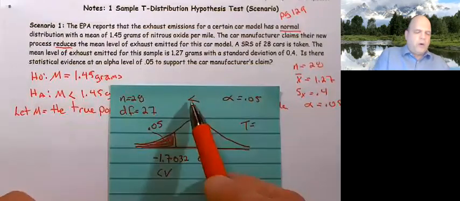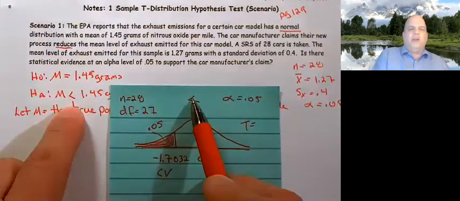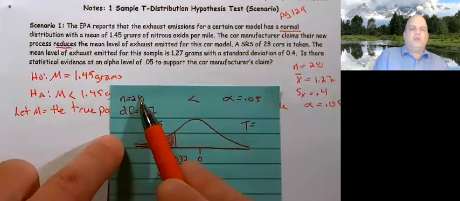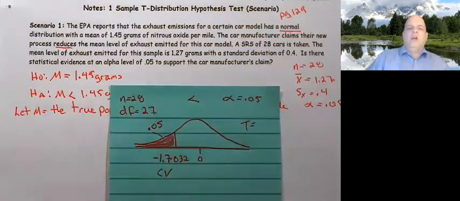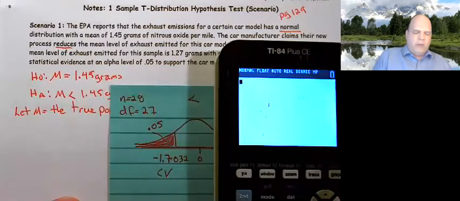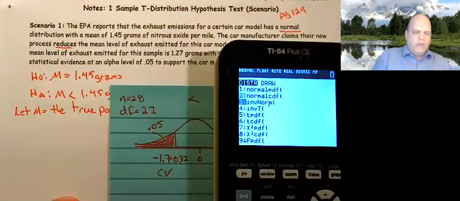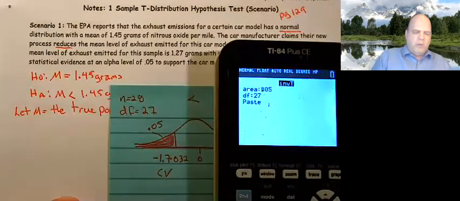We know that we're working with a less than, because that's what our alternative is. We know that our sample is size 28, so our degrees of freedom are 27. Alpha being the area in the tail, I'm going to run this real quickly and get a t statistic: second vars, inverse t, and I enter 0.05.